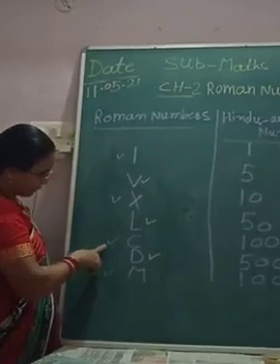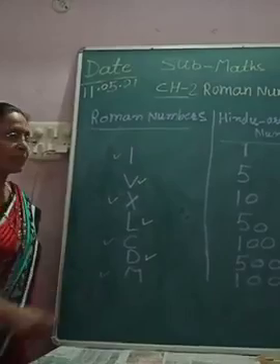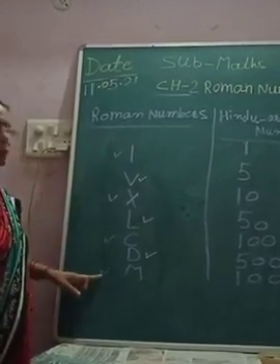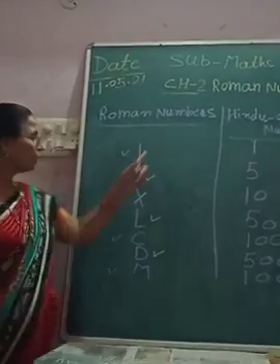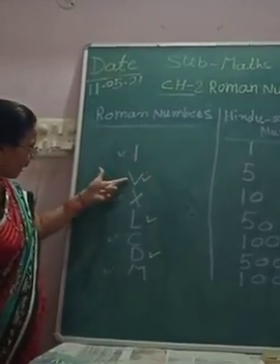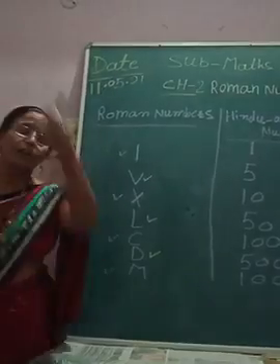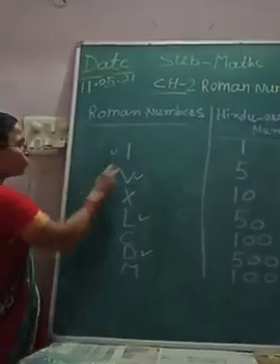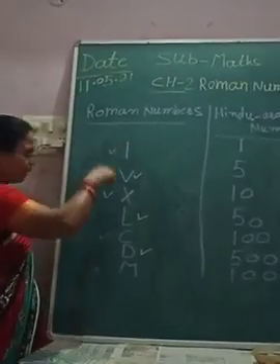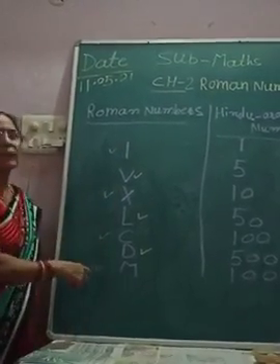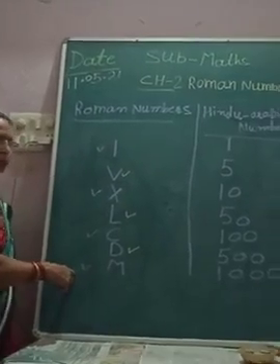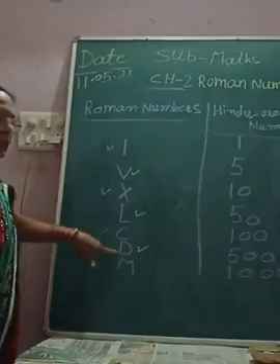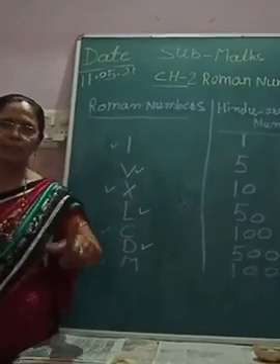Only these 4 symbols we can repeat, but V, L and D will never be repeated. This much is clear? Two things: we can repeat only I, X, C and M. Clear? Yes, ma'am. And V, L and D will never be repeated.